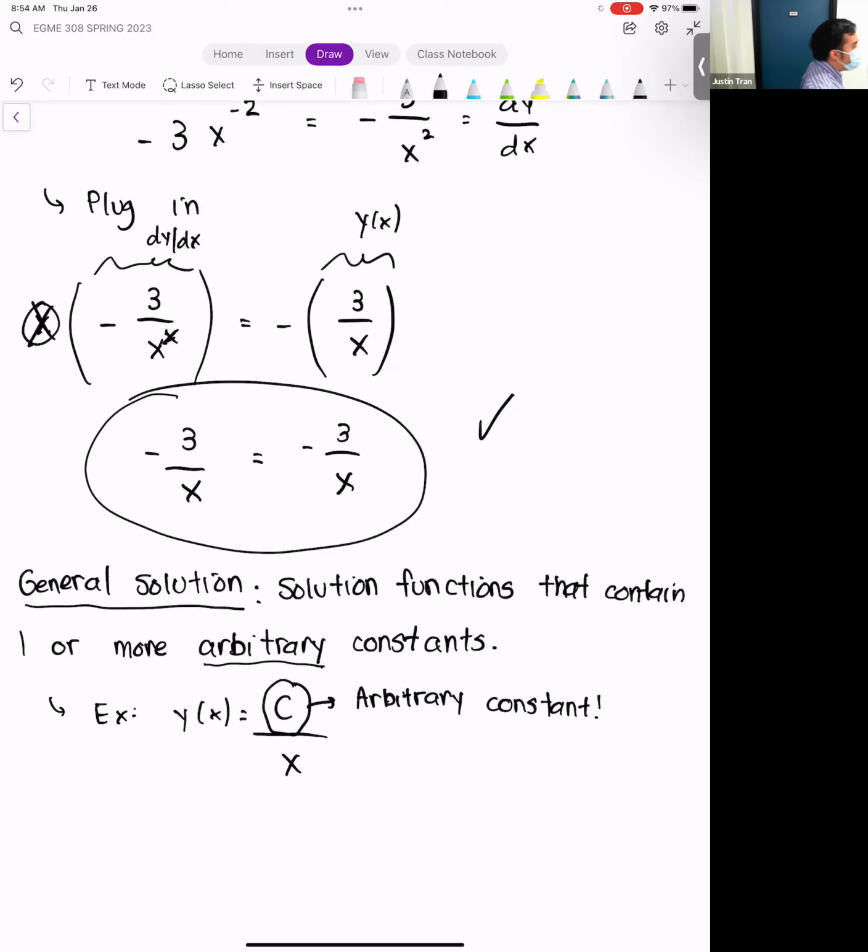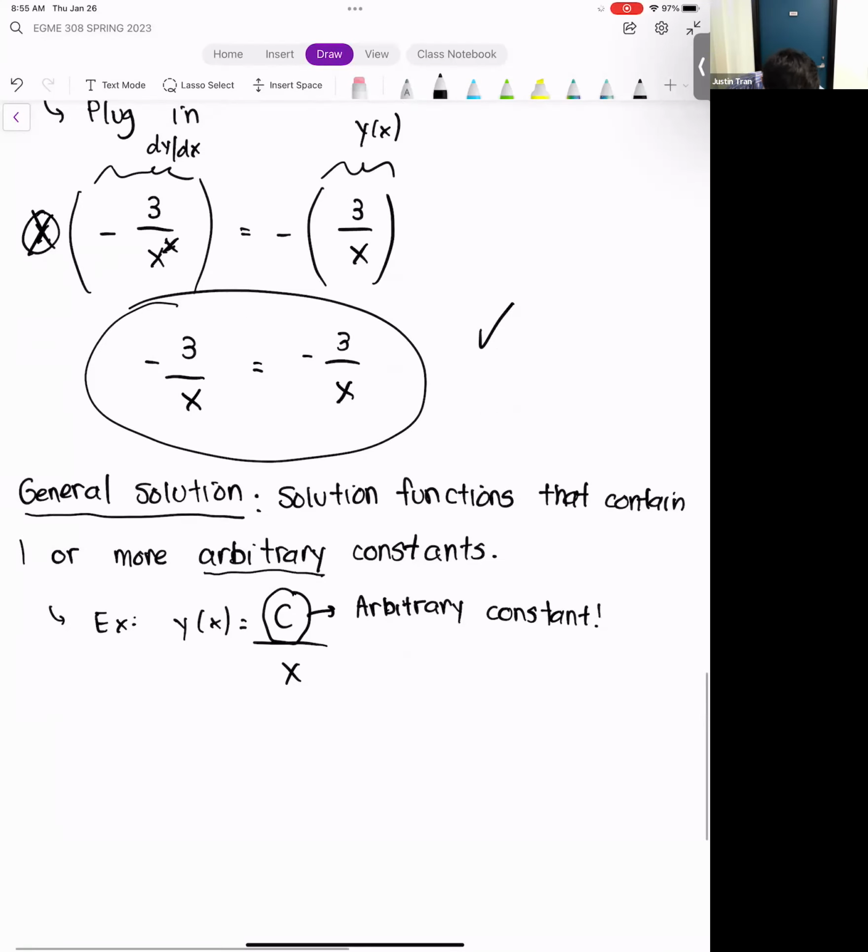A lot of times when you solve a differential equation initially, you can only solve for the solution up to an arbitrary constant. And so when you have a solution like this, we say that the solution is not just one function, but it can in fact be a family of many solutions.